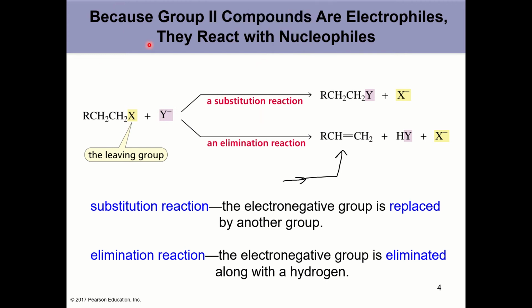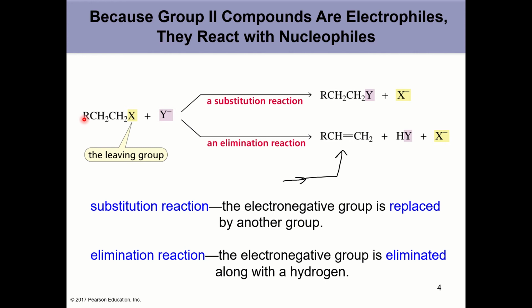Okay, so beginning with group 2 compounds that are electrophiles, our favorite group 2 compound that we're going to focus on a lot in these next few chapters is the alkyl halides. So we have here, for example, an alkyl halide with X, the leaving group, and Y, a nucleophile. And in this chapter, specifically chapter 9, we're going to cover two main types of reactions.